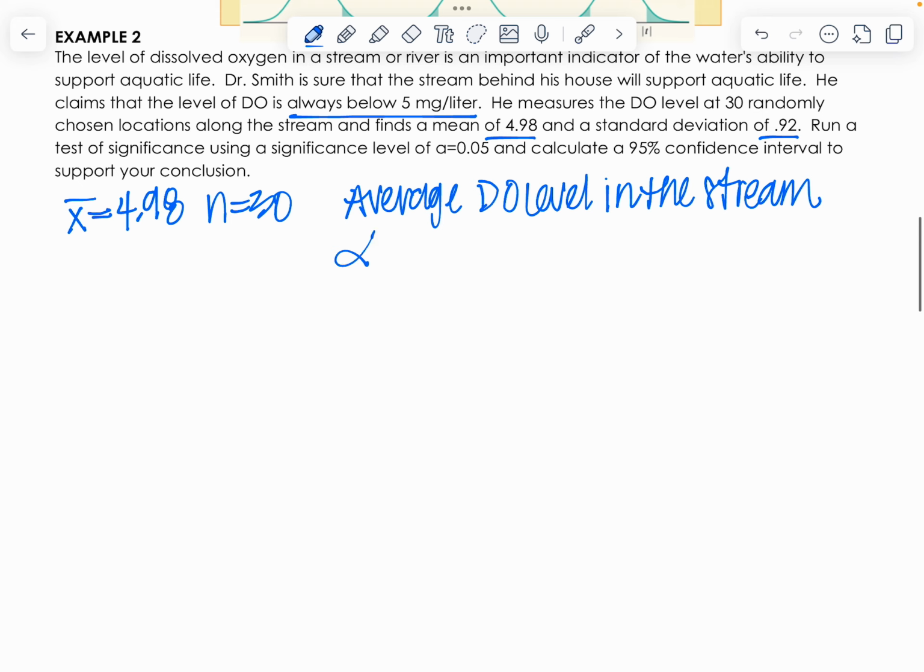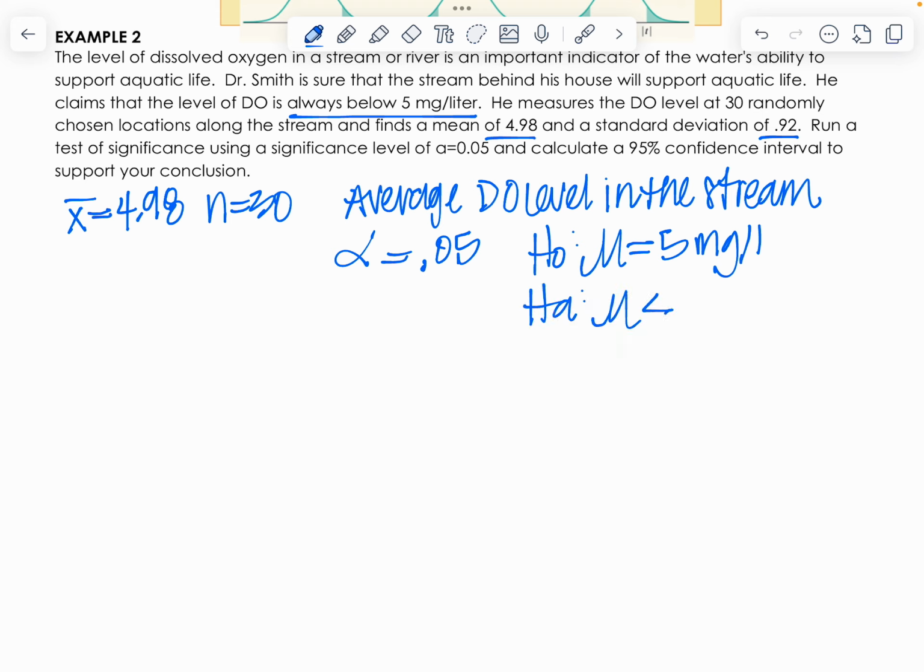We're going to let alpha, our significance level, be 0.05. Our null hypothesis will say that the mean, the actual population average for the whole stream, is equal to 5 milligrams per liter. And the alternate will say his claim that it is always below, so less than 5 milligrams per liter.